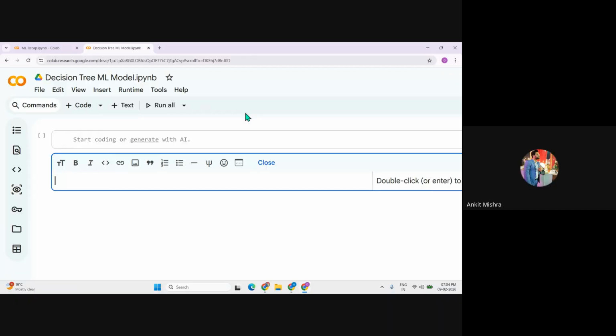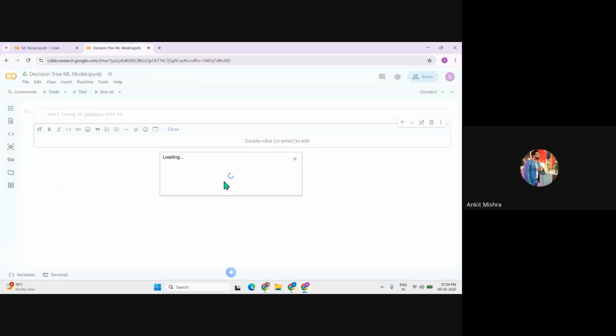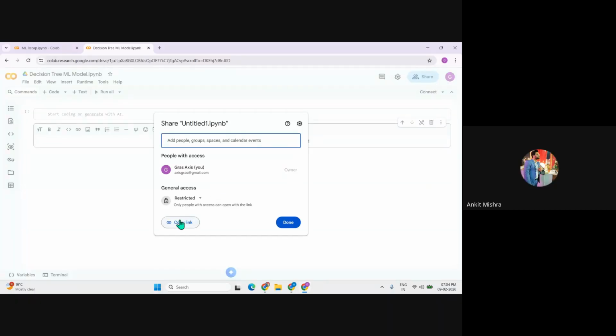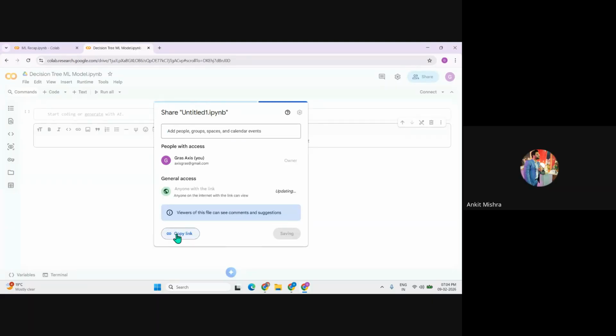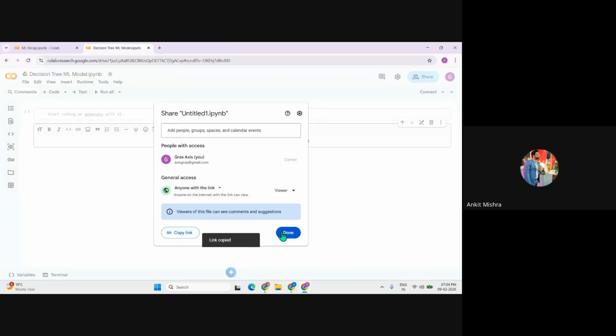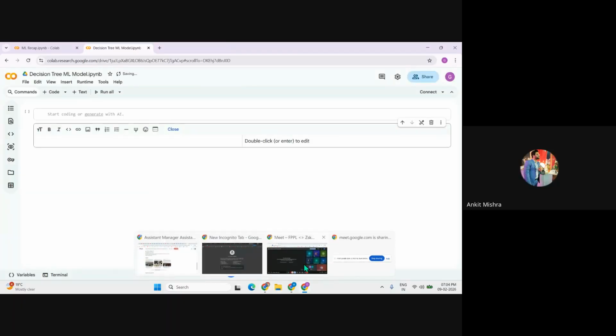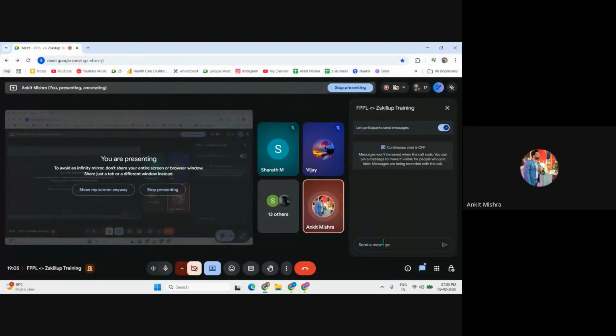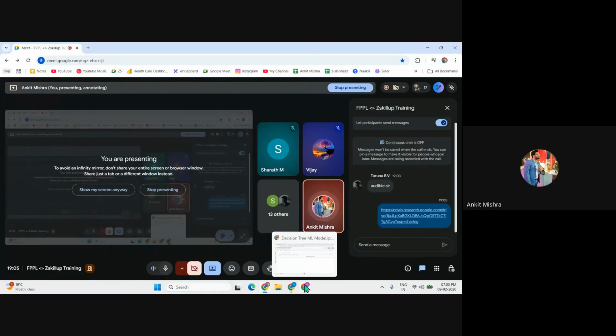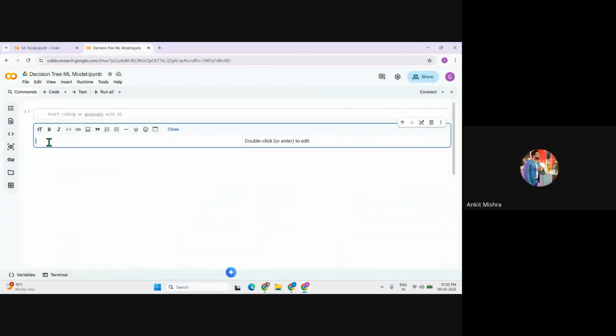So if you want to do it parallelly, let me just share this. You can do the practice parallelly, right? I have shared the Google Colab notebook link. If you want to do the practice parallelly, you can do this, right?